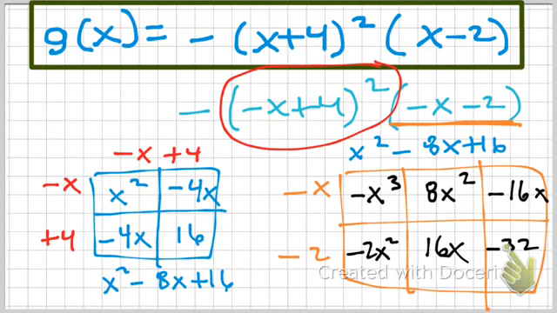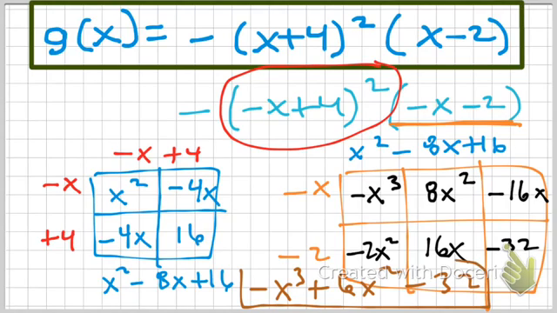So this would not be fun to verify, because then our answer, negative x cubed plus 6x squared minus 32. That's if you just substituted negative x, and then I forgot to do the negative sign in front.